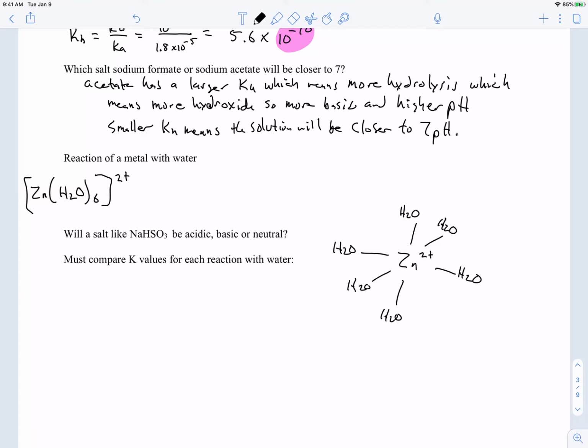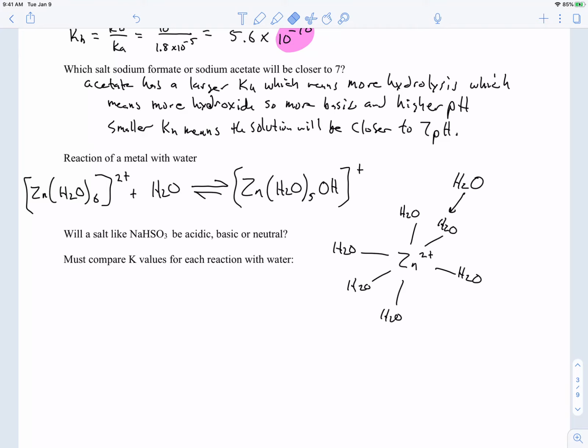The charge is actually spread out. However, another water molecule can come in here and snatch one of these hydrogens. And you guessed it, an equilibrium. So now the zinc has 5 water molecules attached to it and a hydroxide attached to it, and its charge is now +1.